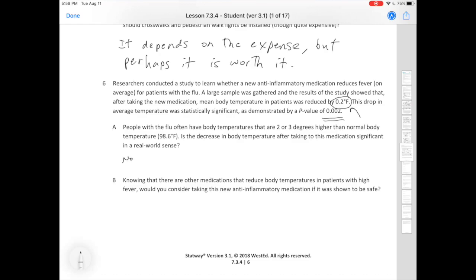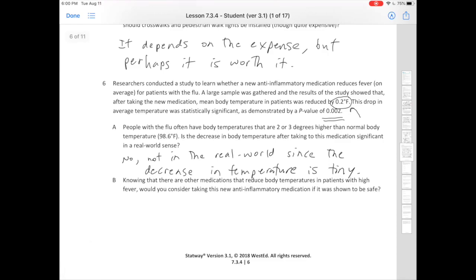So I would say no, not in the real world, since the decrease in temperature is tiny, right? I mean, it's not going to help you if you're 2 or 3 degrees above your body temperature and you take this pill and it's only going to lower you by 0.2 degrees Fahrenheit, right? You're going to have to take other medicine too.